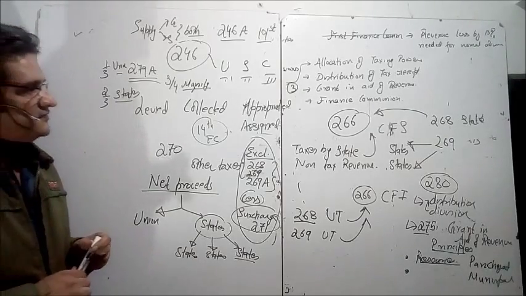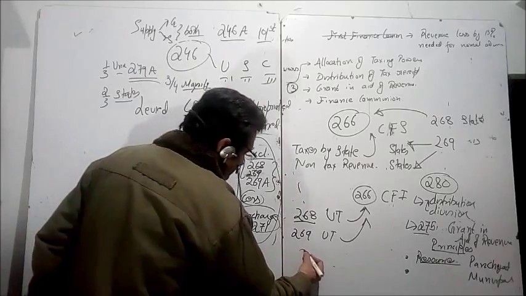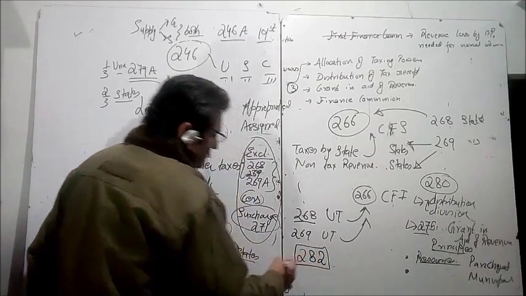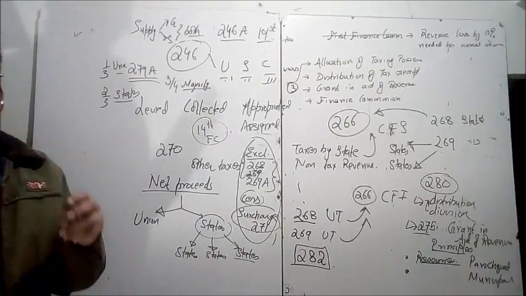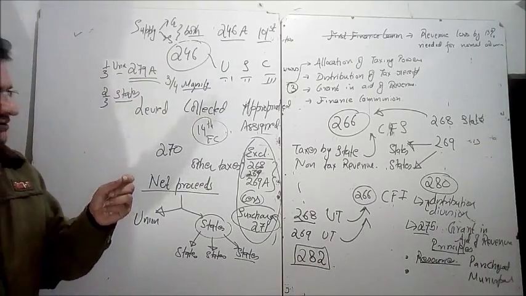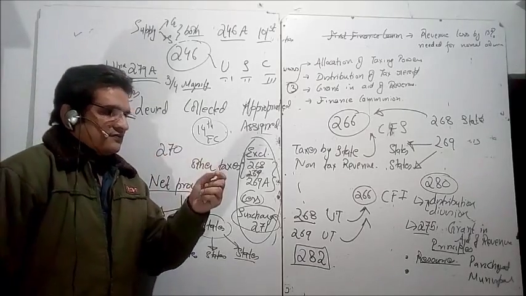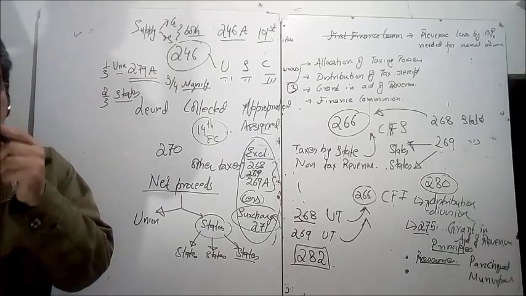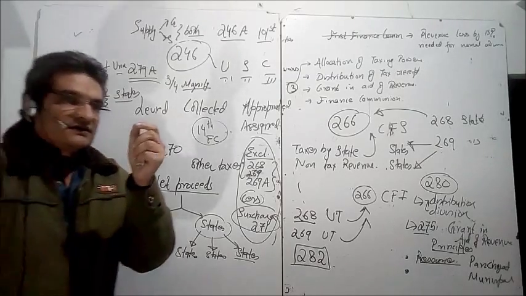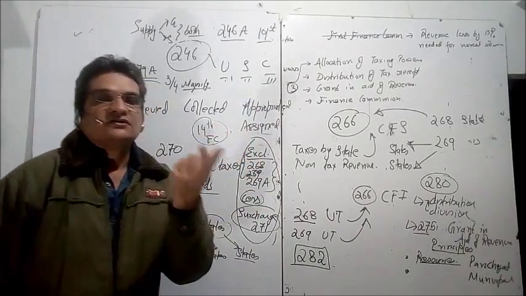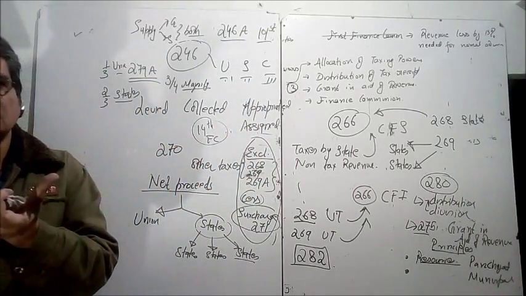There is another very interesting provision in the Constitution, which is Article 282, whereby both the state government and the union government have power to make expenditure for any public purpose, even if that is not part of the subjects which are assigned to the states or to the union.